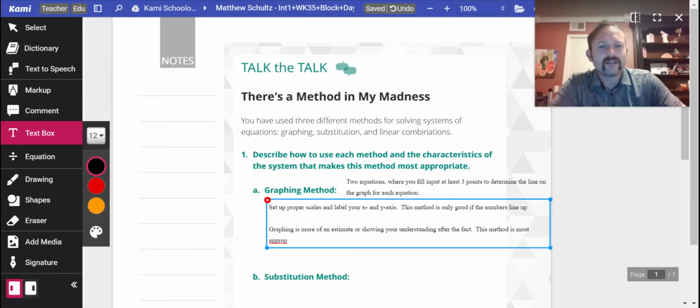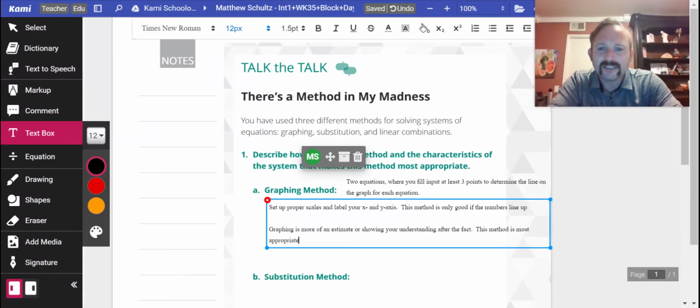This is most appropriate when the equations are both written in y equals mx plus b form, also known as slope-intercept form, and the values are reasonable to graph.